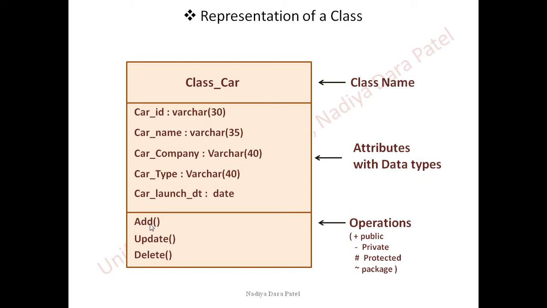Right now I have kept add, update and delete functions, but if you want to make them specific and add some more information to them, you can make use of the symbols, which are plus for public, minus or dash for private, hashtag for protected, and tilde for package. This is an add-on thing, this is optional. If you want to make it more precise and perfect, make use of these operation symbols. Otherwise keep it simple if you want.